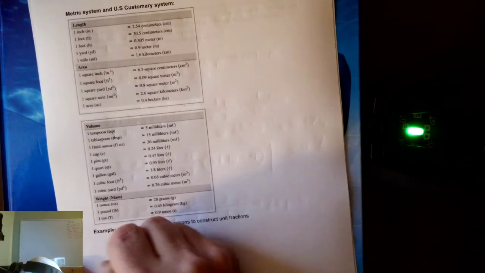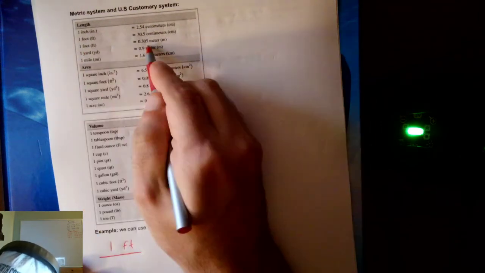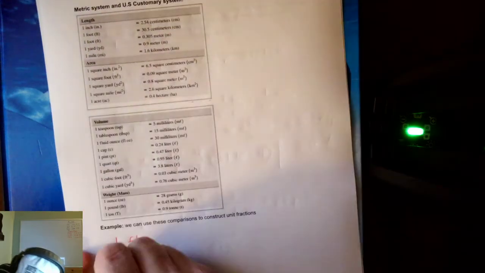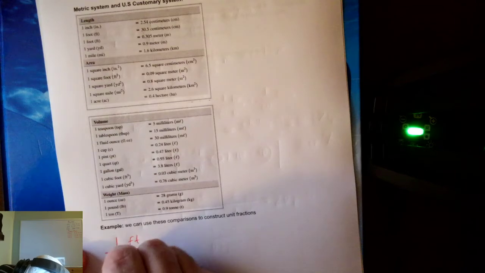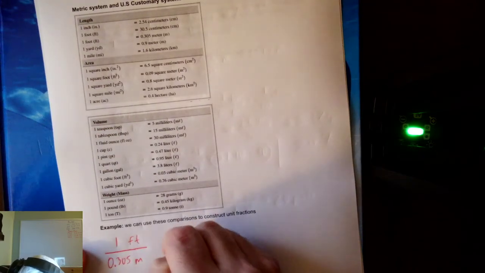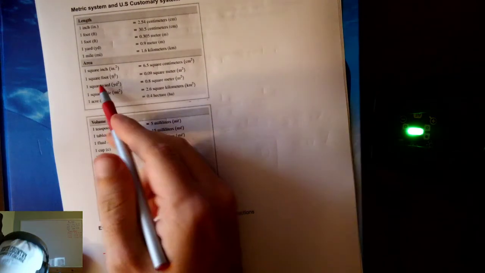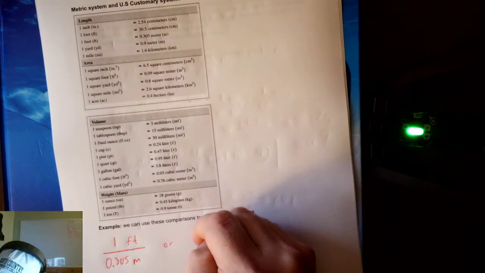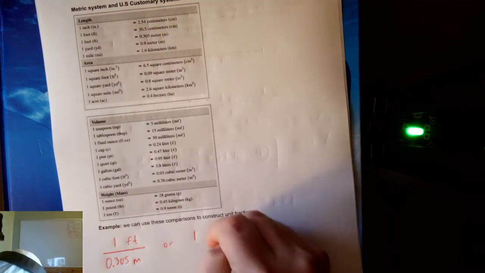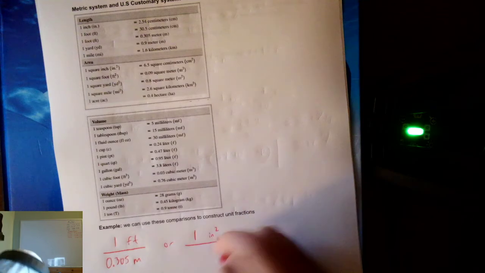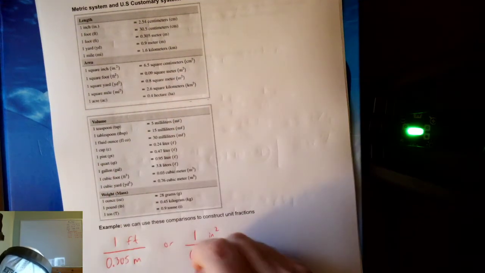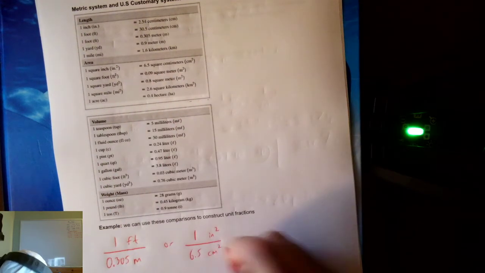And we can make unit fractions here. Maybe we take 1 foot and 0.305 meters. Or maybe we do an area one. We say that 1 inch squared is 6.5 centimeters squared.